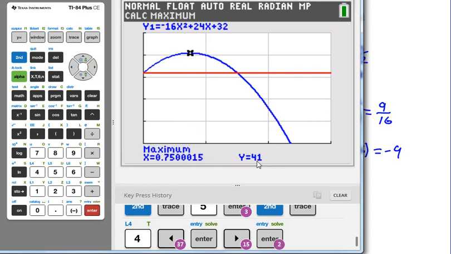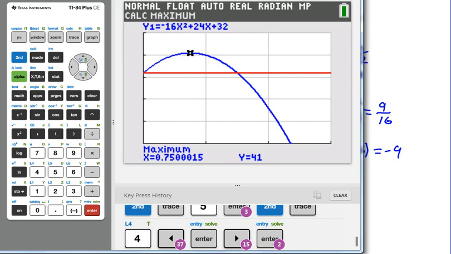We get y equals 41 feet, and then x equals 0.75000, with something like 15 ten-millionths of error. So that's going to be our vertex, just as we figured out.